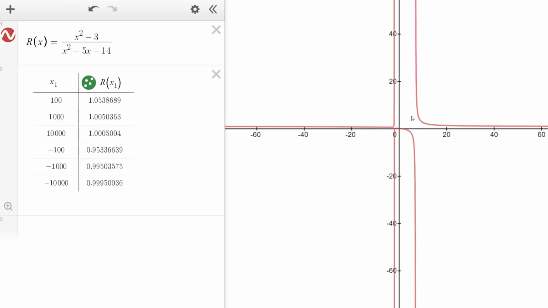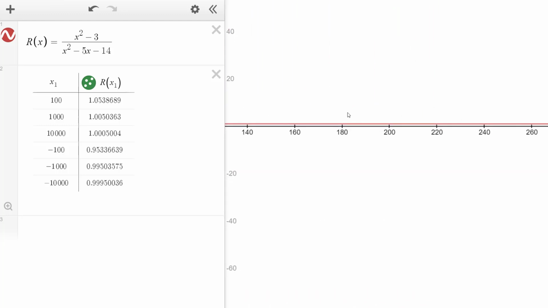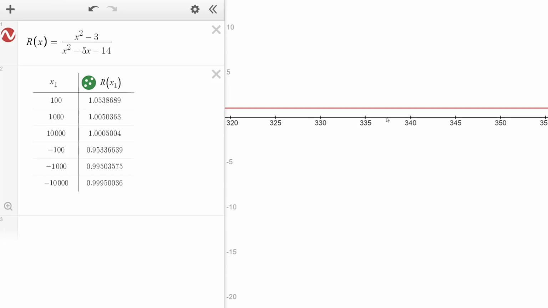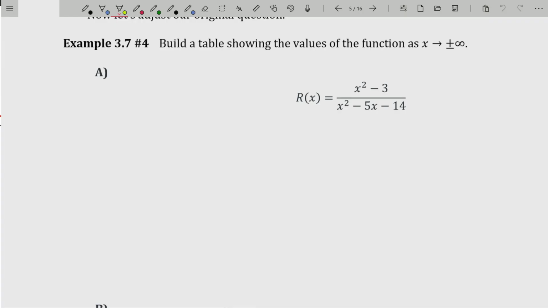Same thing if you go to positive infinity. Again, as I say that, I mean the x values. As x goes larger and larger, the y values seem to be tending towards a height of 1. You can see the y values in the points there. As I move it to the right, it just gets a little bit lower, a little bit lower.